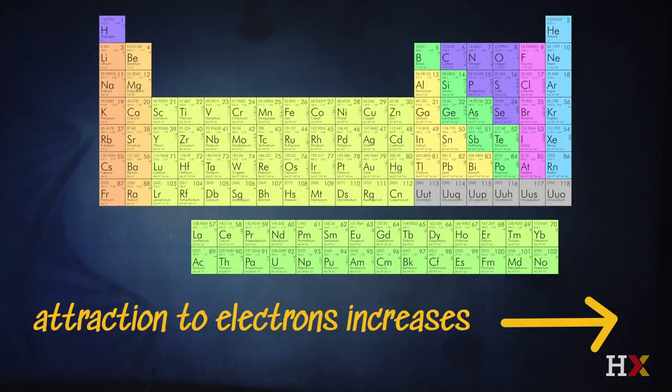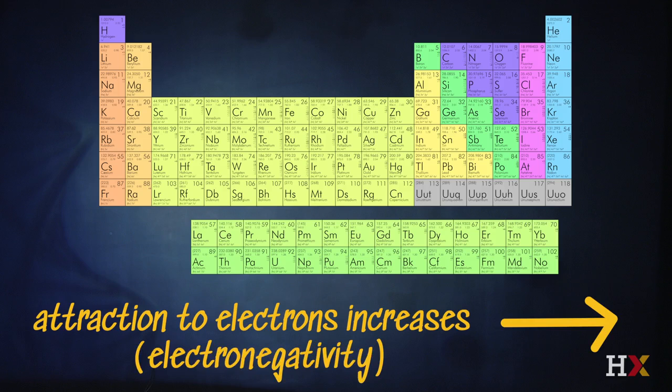So this increasing ability to attract electrons as we move from left to right in the periodic table is represented by the term electronegativity. And as we'll find, one of the most remarkable aspects of the formation of molecules from atoms is that independent of the molecule, the intrinsic electronegativity of an atom remains largely invariant.